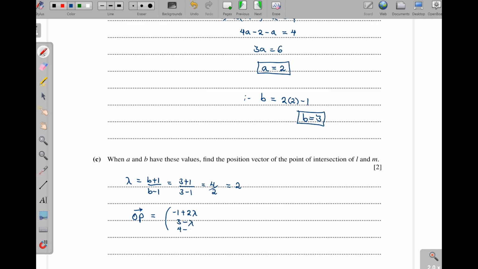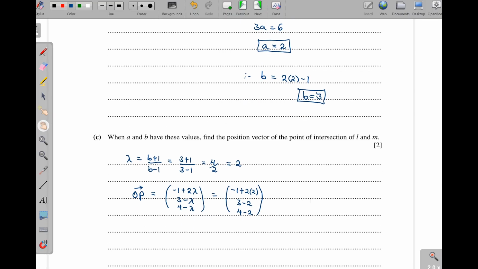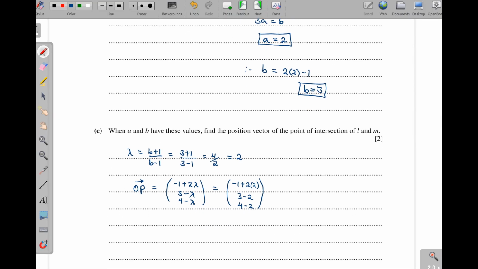Now, when we substitute the value of lambda that we have gotten here, this is -1, then plus 2 times 2, then 3 minus 2, and then 4 minus 2. Then, what do we get here? Our OP is therefore going to be 4 minus 1, don't you get a 3? So you get 3, then this is 1, and then this is 2.